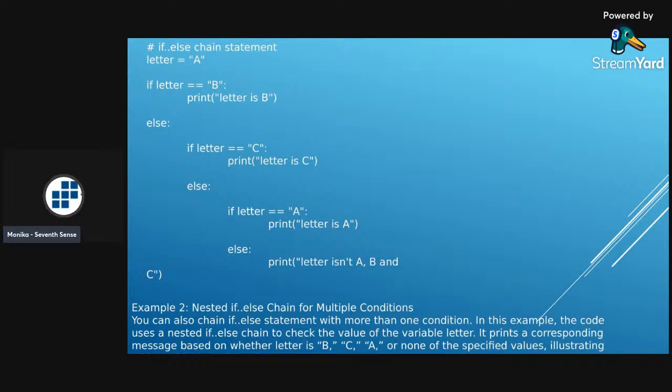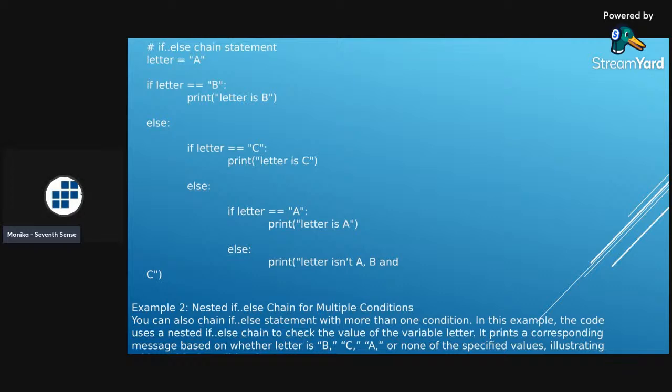So what is the example given here? The code uses a nested if else chain to check the value of the variable letter. What is the variable here? Letter. It prints a corresponding message based on whether the letter is B, C or A or none of the specified values. Here, the letter is A and I am giving letter B in the if condition.